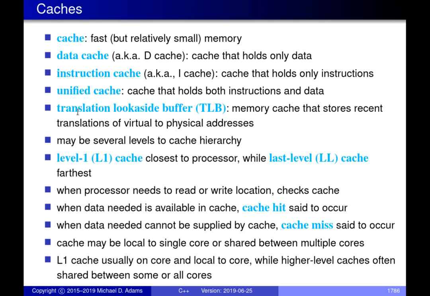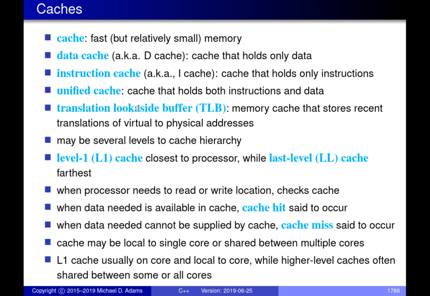Just again, a little bit more terminology. A translation look-aside buffer is a cache that's used for address translation. So when you're writing normal user code, like application code, on any modern system these days, they all have a virtual memory. So all the pointers that you're using, all the addresses in your code, are virtual addresses. They're addresses in a virtual address space. But the only thing the hardware really knows about is physical addresses. If you try to access something stored in the RAM chip, you have to tell the RAM chip what physical address the data you want to access is residing at.